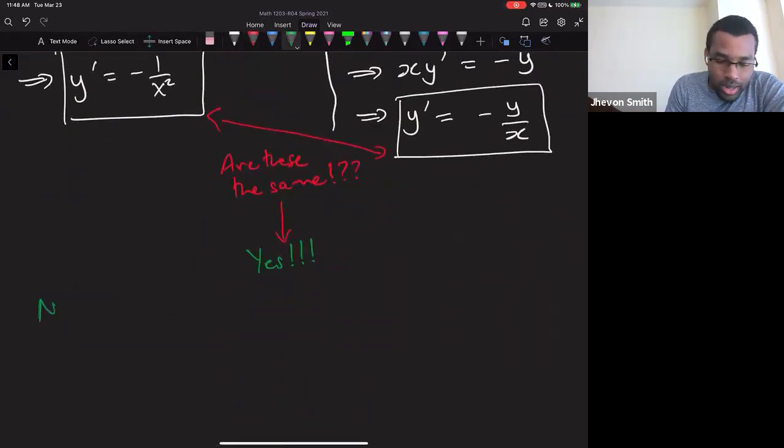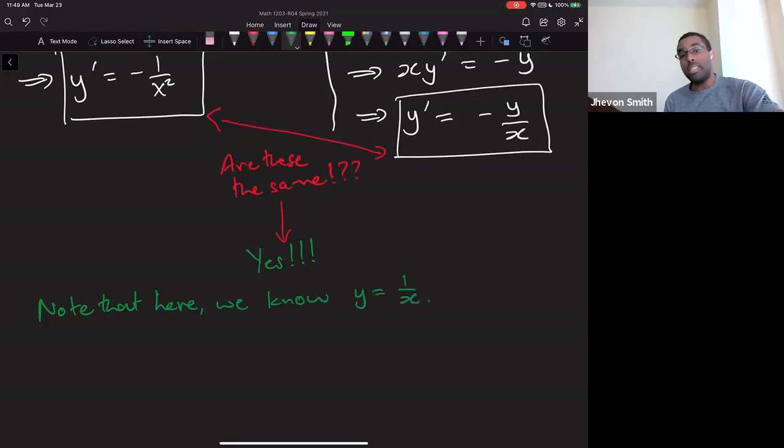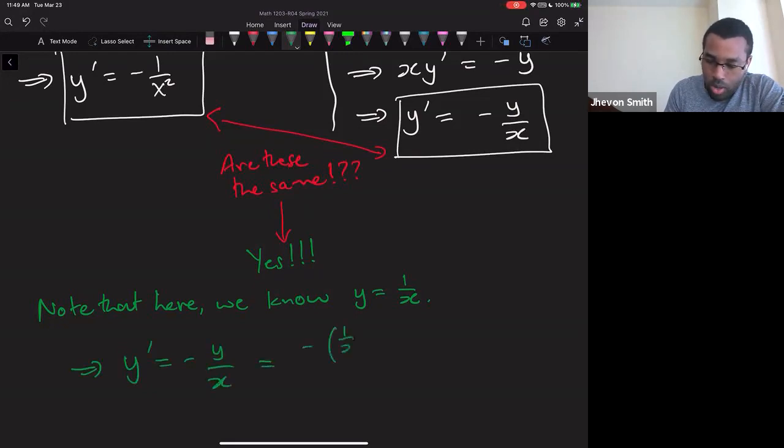Note that here, we know our y is 1 over x, right? It was easy to actually see that. So therefore, what that means is that when I say my y prime is minus y over x, what I'm really saying is minus 1 over x over x.